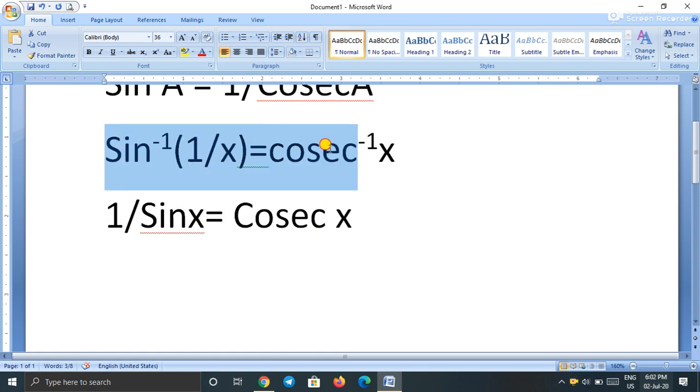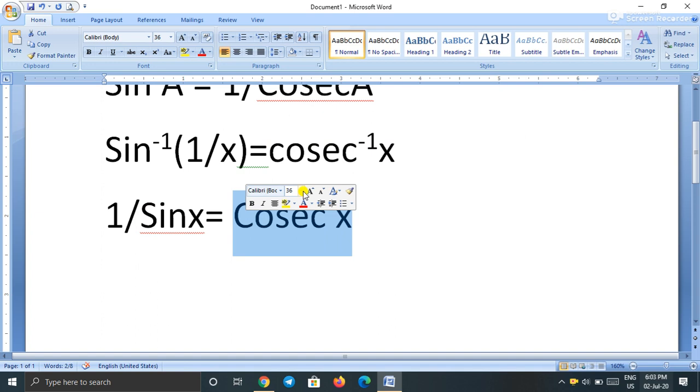In this formula, the formula applies only to the variable, 1 upon x and x, but here the formula applies to the complete function, 1 upon sin x. The difference is that here it is only x and here sin x, and on the other side it's cosec inverse x and it's cosec x. This is the difference between the formulae of circular trigonometric functions and inverse trigonometric functions.